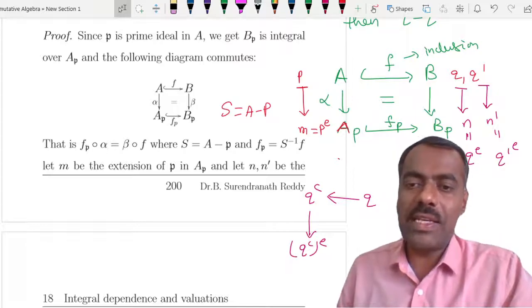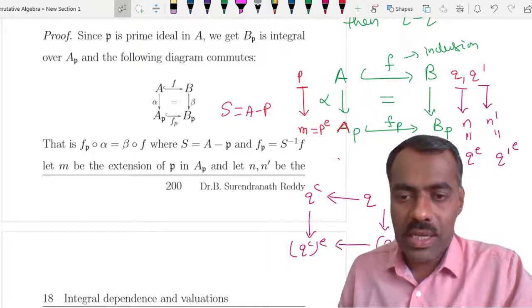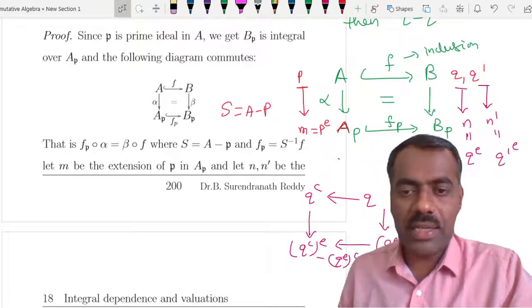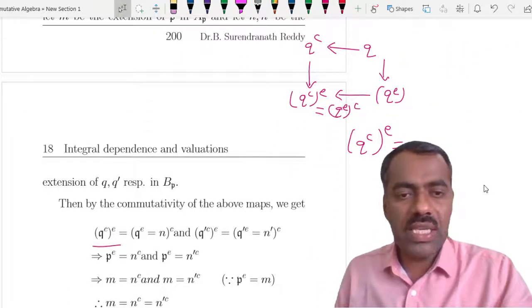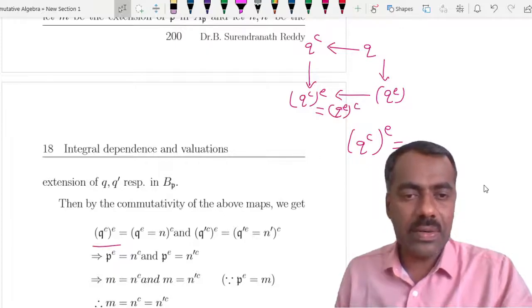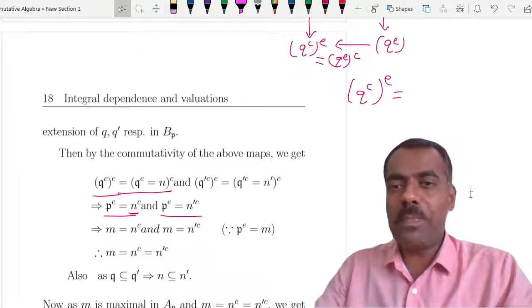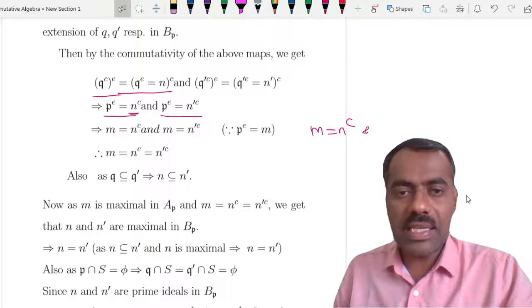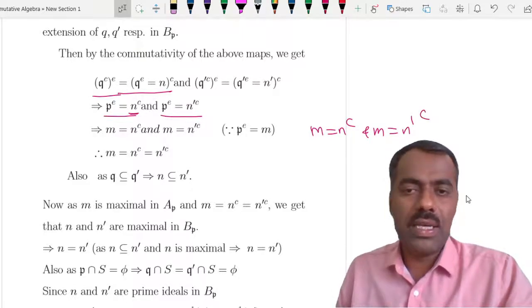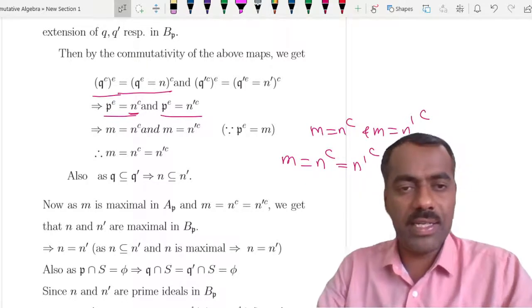This should be the same as taking Q, extending it to Q^E, and then contracting it. These two should be equal because of the commutative diagram. That is what we have written here: Q^CE is the same as Q^EC. But Q^E is nothing but n, so P^E is n^C. Similarly, P^E is n prime^C. But our P^E is M. So therefore, M is equal to n^C, and similarly M is equal to n prime^C. So M is n contraction, which is the same as n prime contraction.